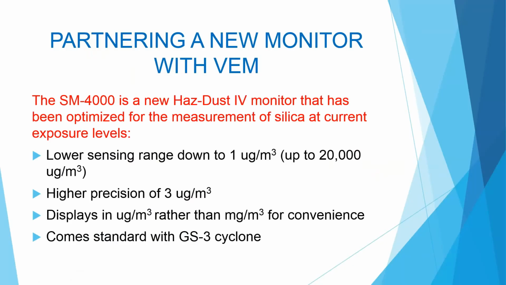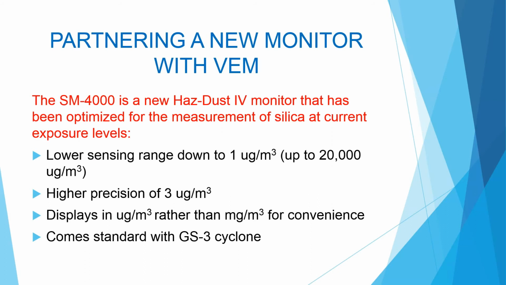Now, another potential VEM partner is a new HAZDUS4 that has just come out. It has been optimized for the measurement of silica at current occupational exposure levels. Silica is a very, very big deal right now in the U.S. as we have a brand new standard.